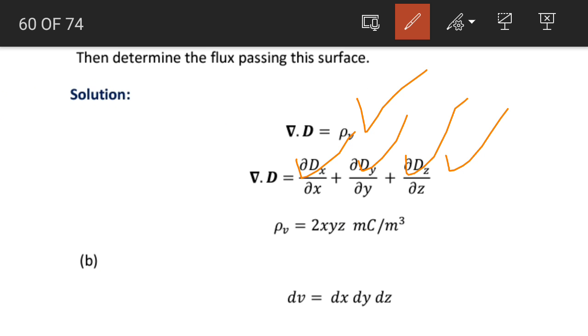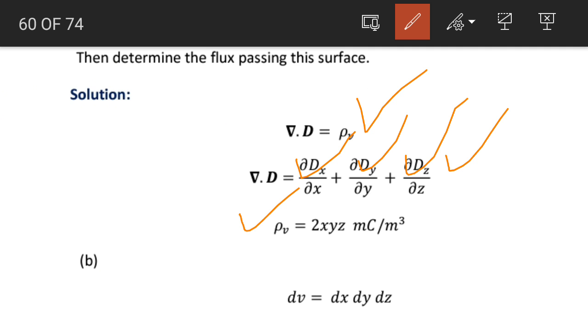If you partially differentiate the x component with respect to x, you will get 2xyz millicoulomb per cubic meter. The partial derivative with respect to y will be 0, and the partial derivative of the z component with respect to z will be 0.